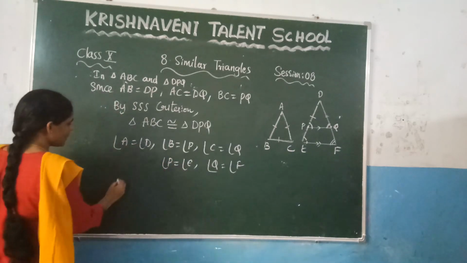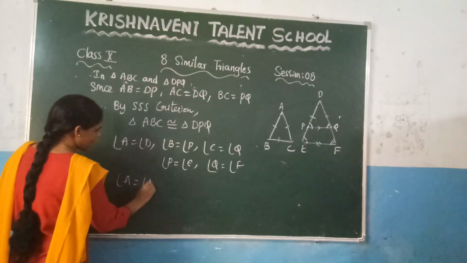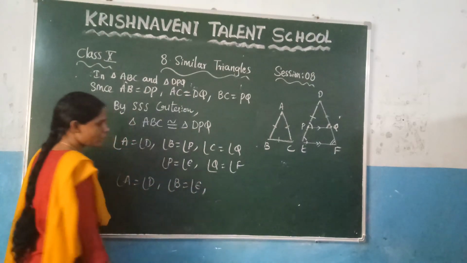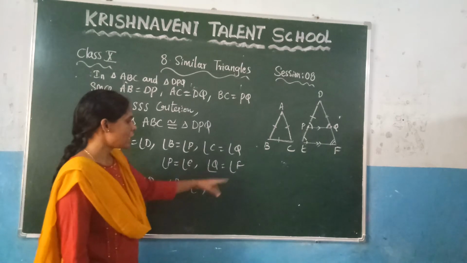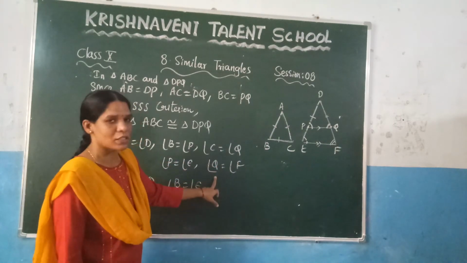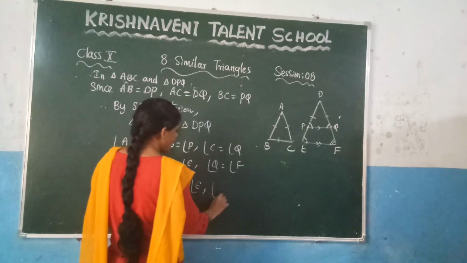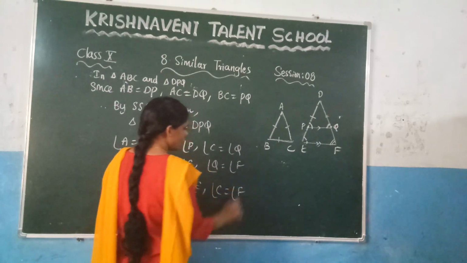So what you get is angle A is equal to angle D, angle B is equal to angle E. Similarly here angle Q is there, here angle Q is there, so you can equate these two angles. So you will get angle C is equal to angle F.